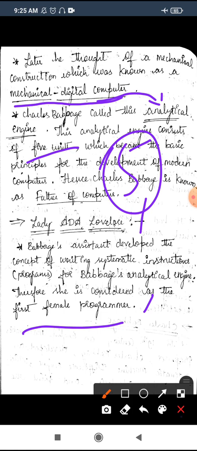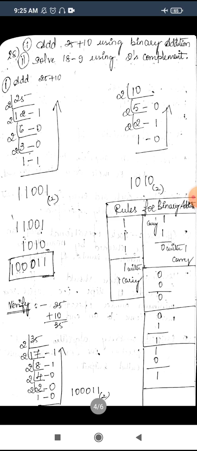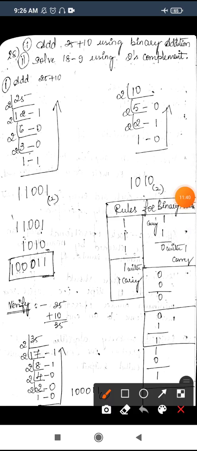Okay. So the next question is a problem. Here you have to do binary addition and then solve 2's complement subtraction. There is a rule for binary addition. So what is that rule? Here you can see the rules for binary addition.